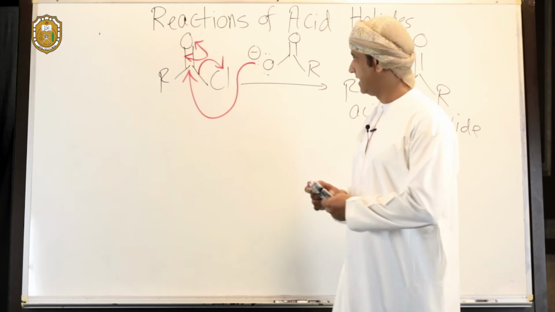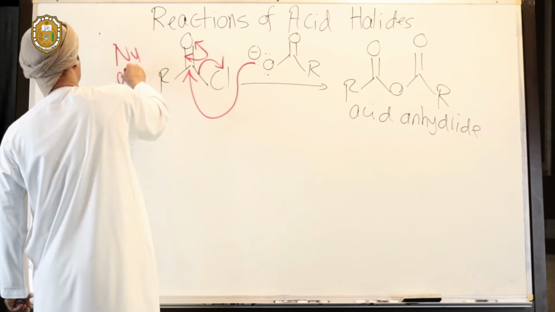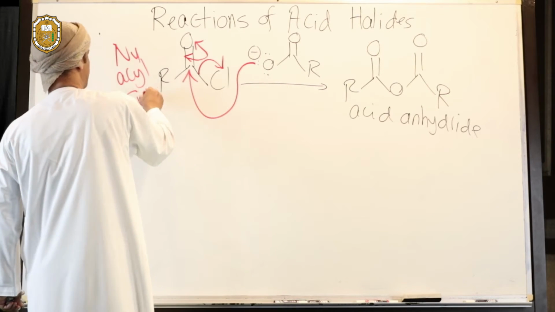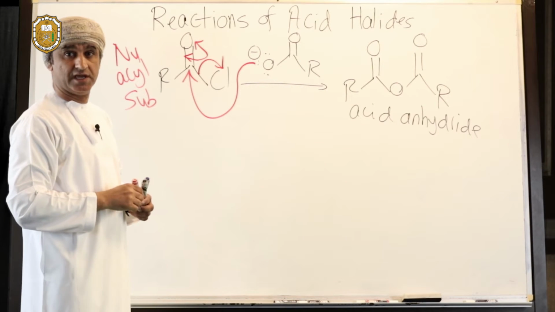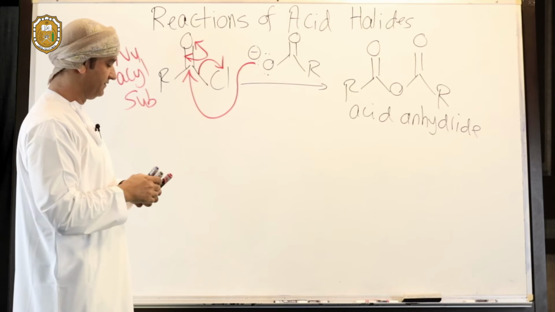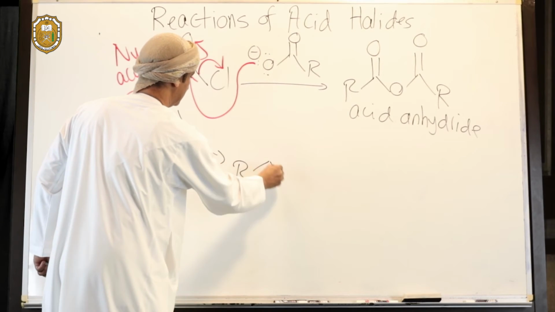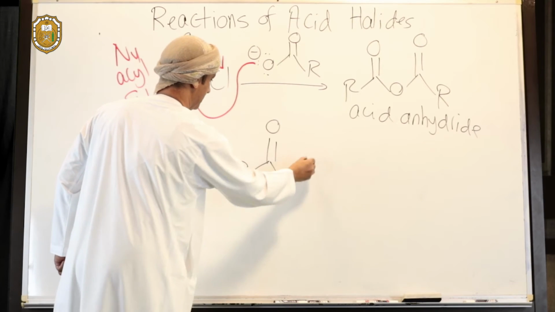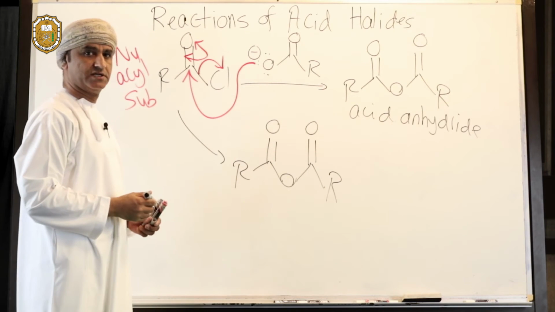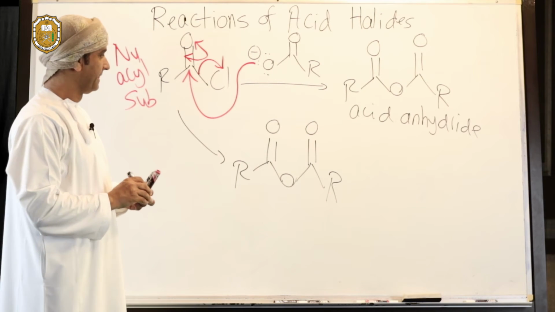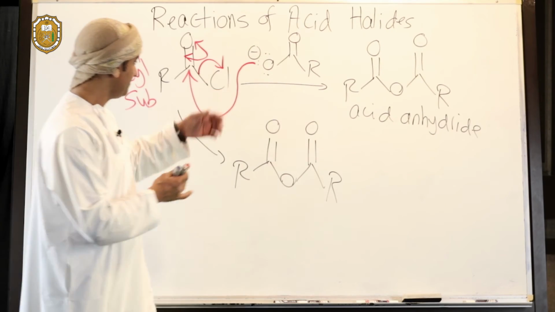So this is a nucleophilic acyl substitution reaction again, a nucleophilic addition step that is followed by elimination of the leaving group. So what we get is the product that's required, which is the acid anhydride, of course. So it's a very simple, yet very important mechanism.